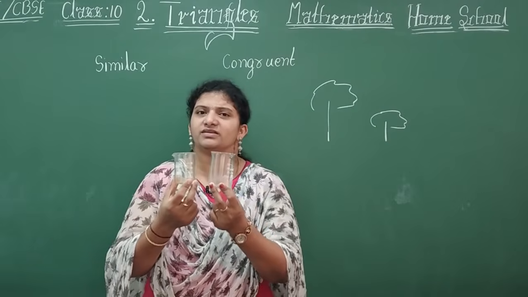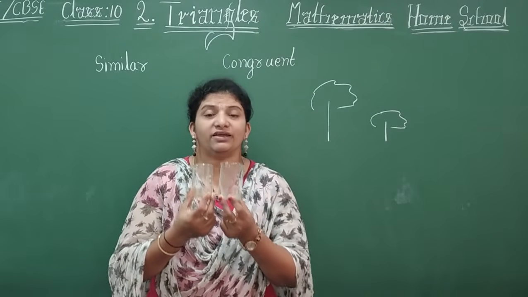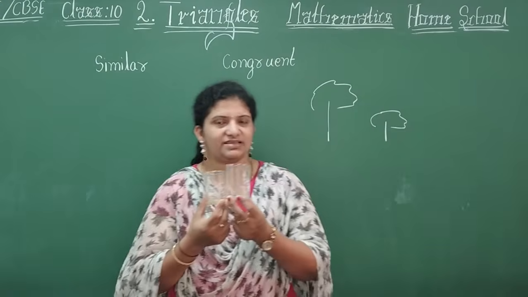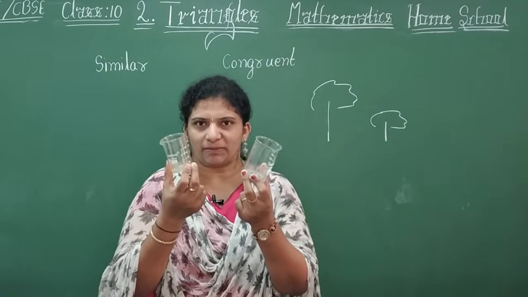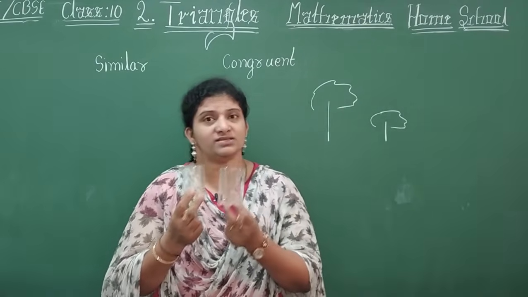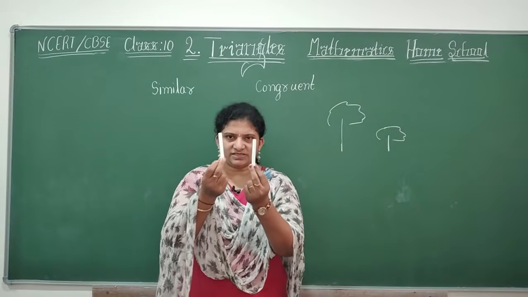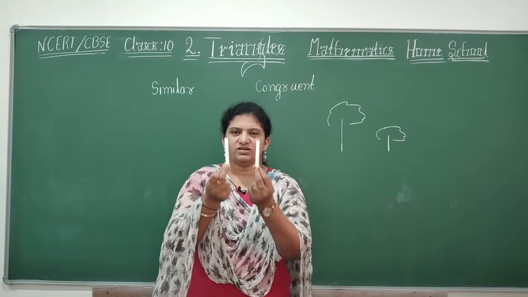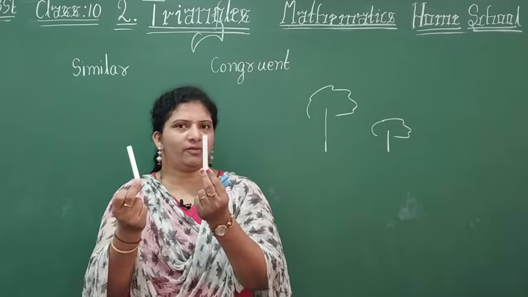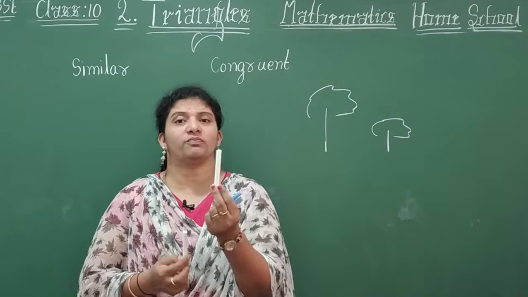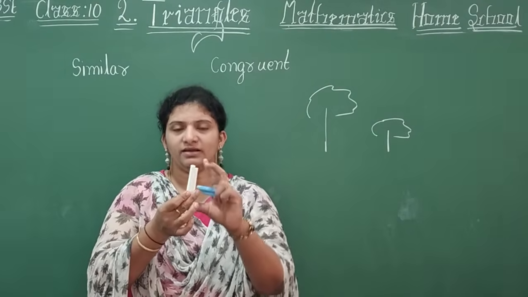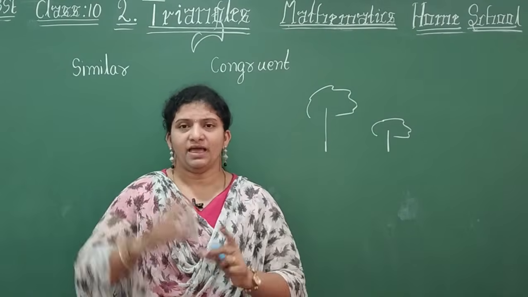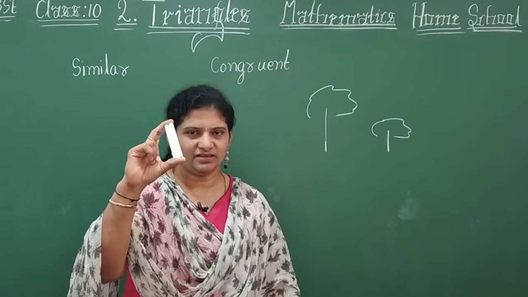Two are beakers, but they differ in size. They are of the same shape, but they differ in size. So can you see 2 chalk pieces here? Yes. This is a chalk piece. This is also a chalk piece. Both are the same shape and same size, right?